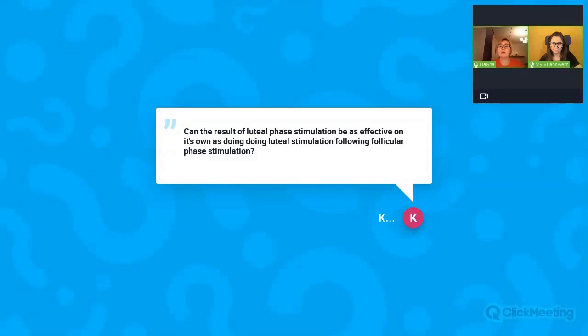So these luteal phase stimulation protocols finally have the same results as follicular phase protocols in number of eggs, quality of eggs, length of stimulation, and general total dose of FSH.